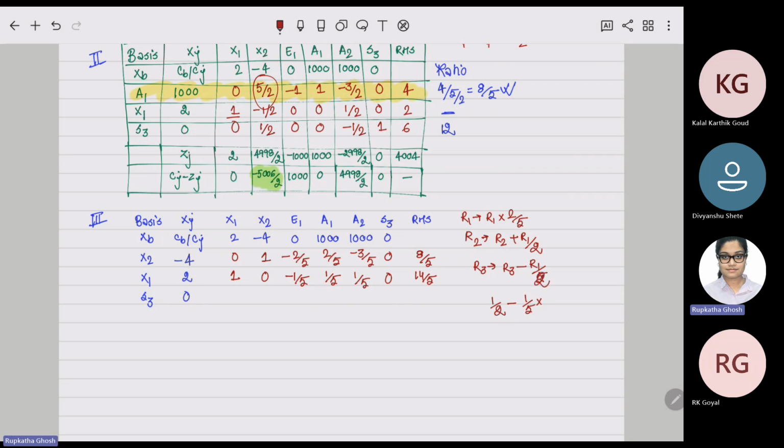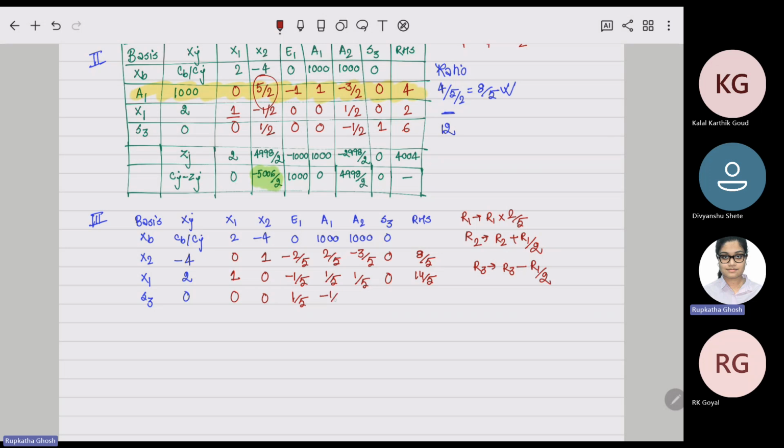This should be R1. Currently it is 1 only, right? So it should be half minus half, so this would be 0 minus 0, half minus half 0, 0 minus of minus half 1 by 5, 0 minus 1 by 2.